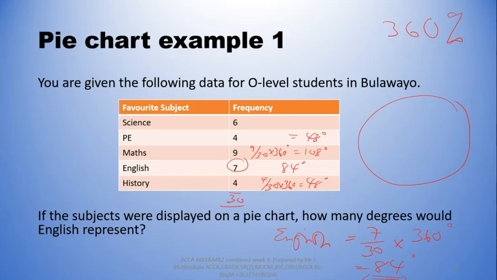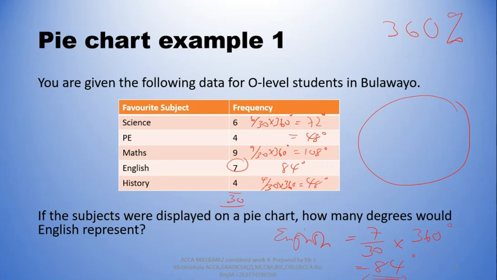And then for science, 6 over 30 multiplied by 360, that's 72.